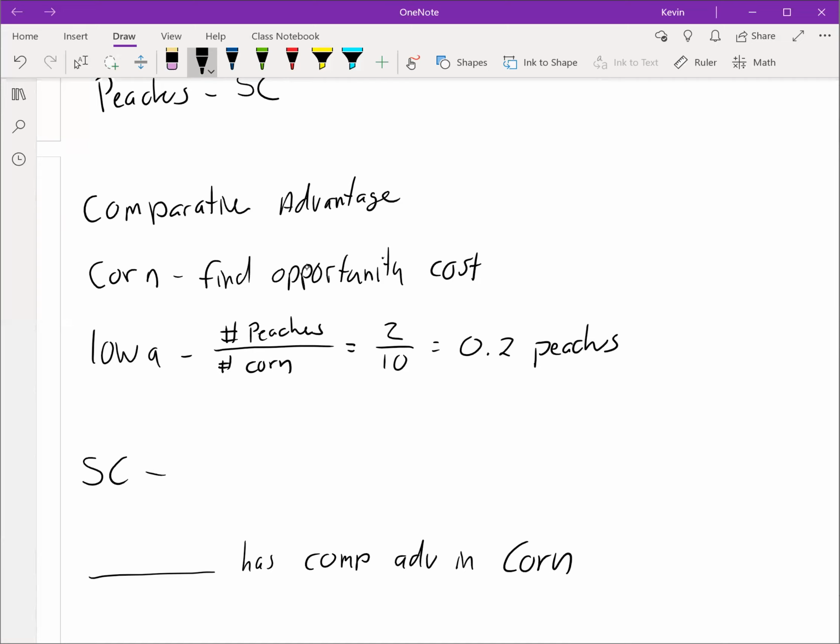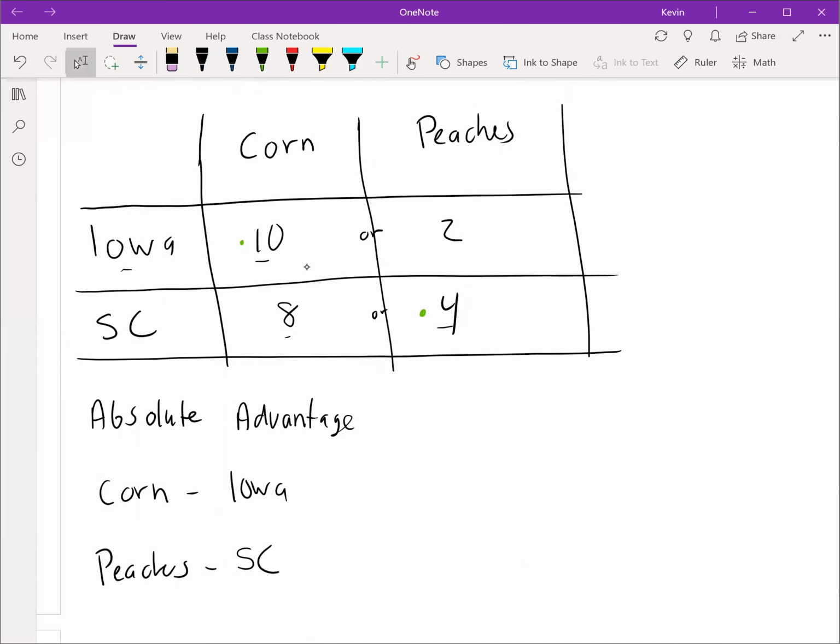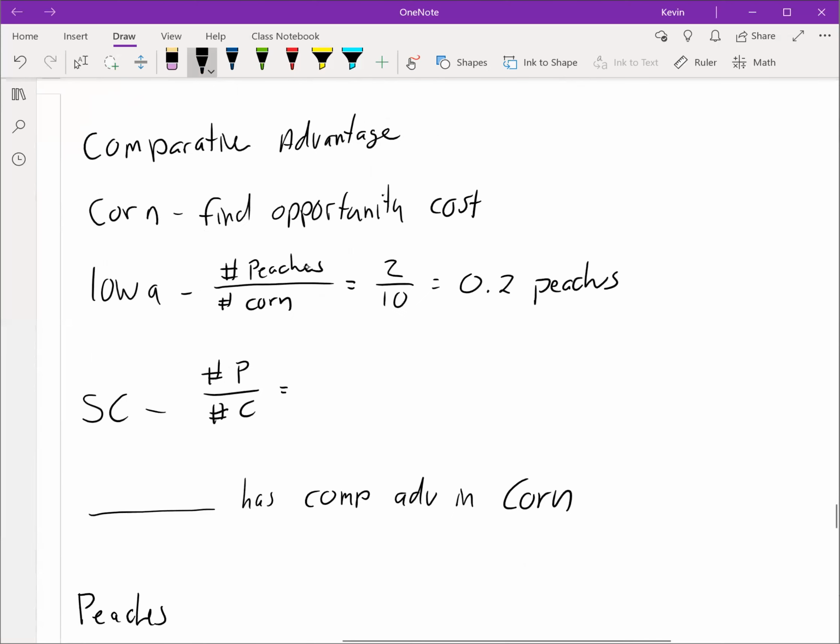Whereas for South Carolina, again, we'll take the number of peaches divided by the number of corn. And this will give us 4 peaches or 8 corn. So this will be 4 over 8, which is 1/2, which would be 1/2 of a peach. So in this case, 0.2 is less than 0.5. So Iowa is going to have the comparative advantage in corn.